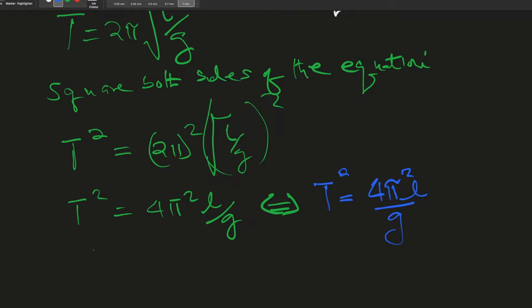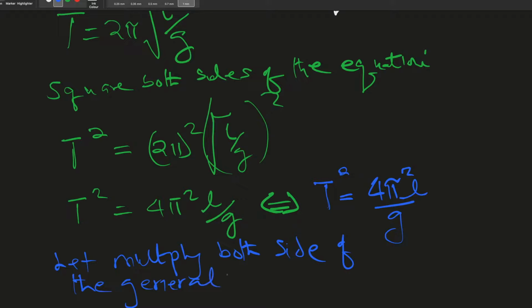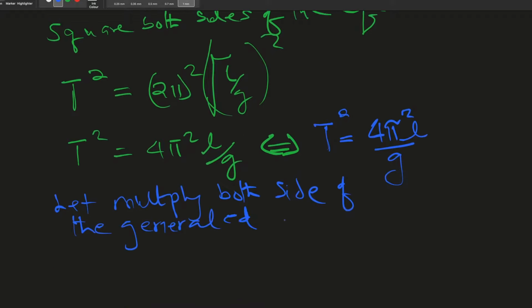So let's multiply both sides of the generated equation.